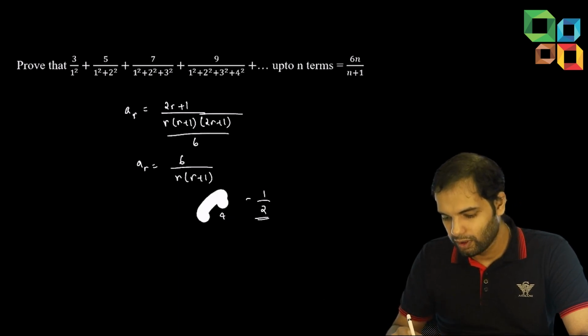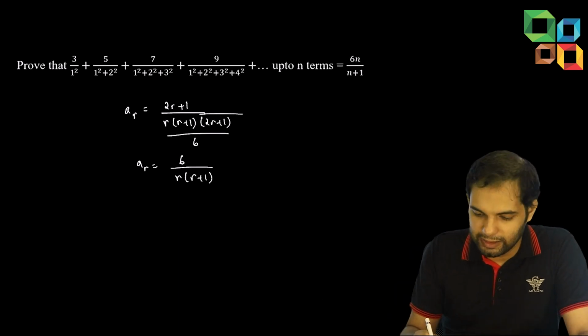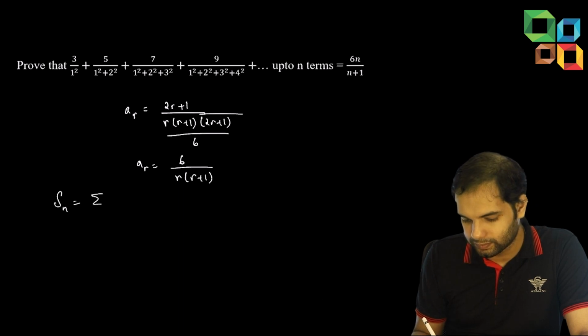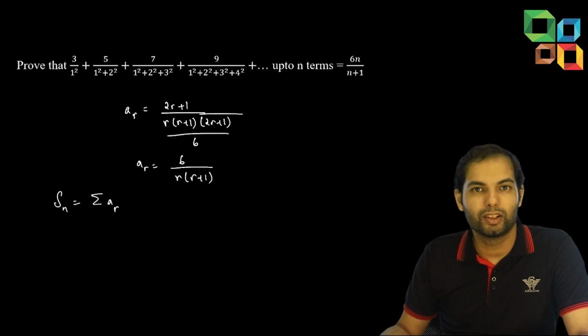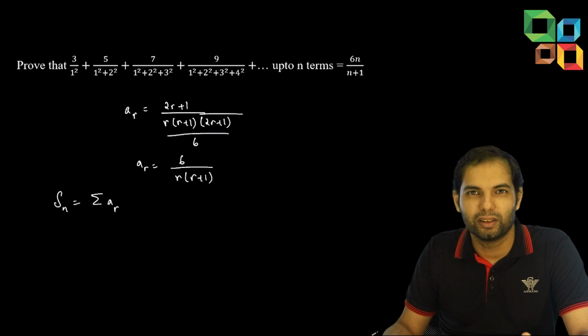Okay. Now the question is how to find the sum of all these numbers. Is Sn equal to summation a_r? That is the definition. Right? Sum of all terms is Sn, isn't it? There's nothing else there. I've not written down a new formula or something.